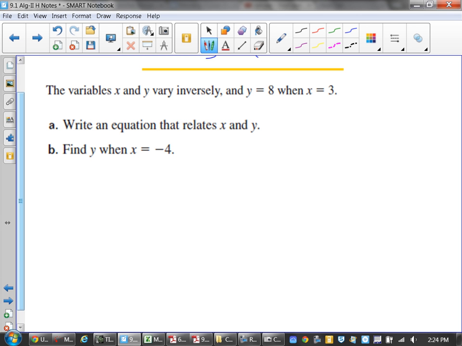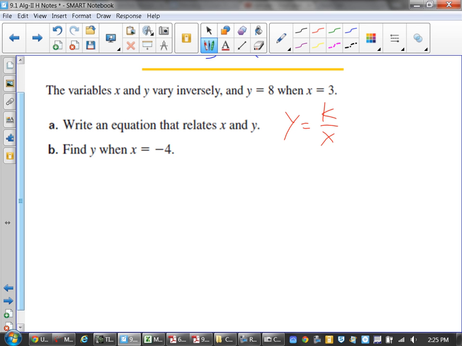Now, after you go through some table stuff, you'll start looking at these. And this should look familiar if you remember from direct variation with slopes. Because this is the same wording, just instead of inversely, it's direct. So if it says the variables x and y vary inversely when y is 8 and x is 3, that means it's an inverse variation, and you're working with the equation y equals k over x.